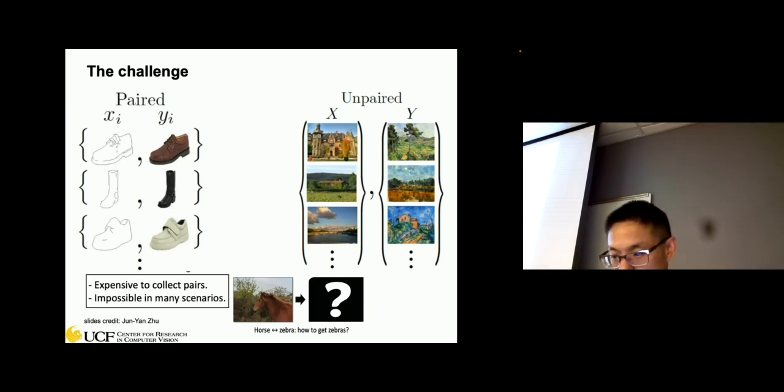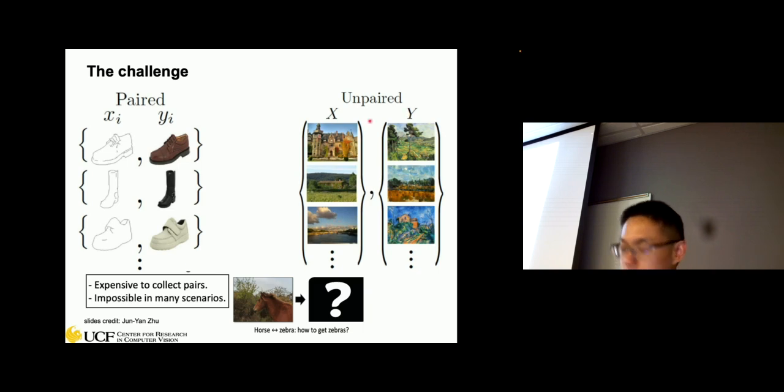But for this application, where I want to generate from a real photo to a Monet painting style, you cannot find a one-to-one correspondence, because Monet never painted a building like this, or maybe a scene like this.